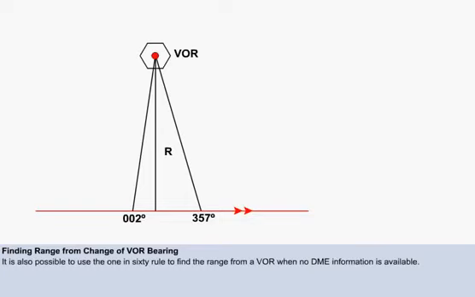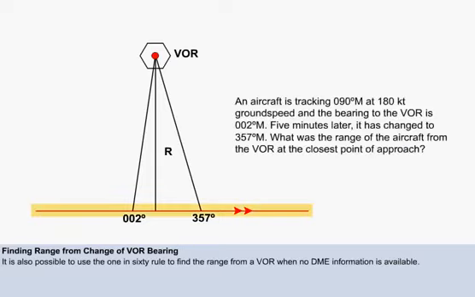It is also possible to use the 1 in 60 rule to find the range from a VOR when no DME information is available. This can be used only when the aircraft is running a beam or approximately a beam to the VOR. Suppose that an aircraft is tracking 090 magnetic at 180 knots ground speed, and the bearing to the VOR is 002. 5 minutes later, it has changed to 357.